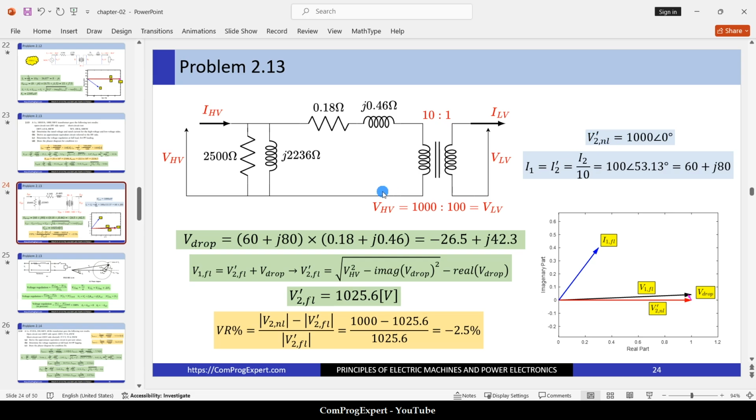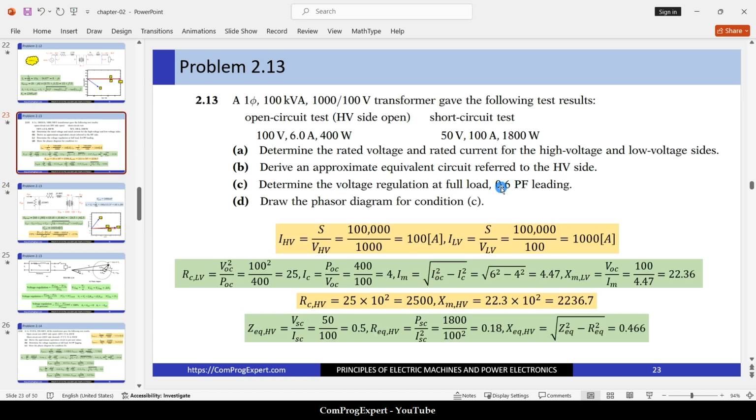When we have full load condition, the value of I1 will be equal to I2 prime, or actually I2 divided by 10, that is equal to this one. Why? Because the power factor is 0.6 leading. The load is capacitive.